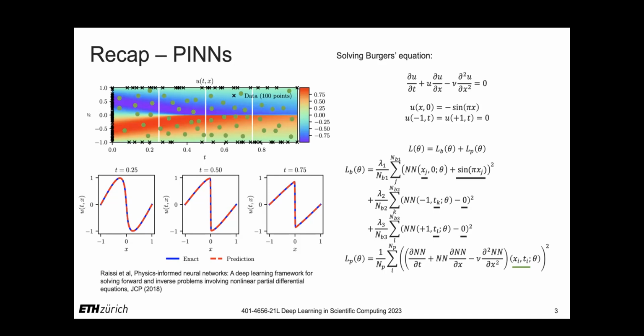And then we train the PINN with this loss function, which has 2 components. The first loss we call the boundary loss, which asserts along the boundaries of the domain what the values of the solution should be. So for example, with this problem, at time equals 0, u should be minus sine x.